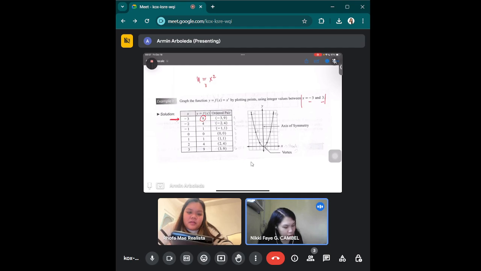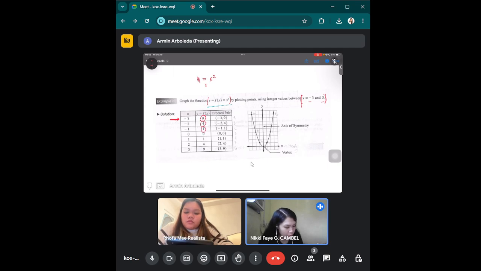So, yung example 1 is just asking us to graph the function. So, the function is this one, y is equal to x squared. And we have to plot it between the values of x, -3 and 3. Okay? So, now that we've solved for y using the equation, yan kasi yung hinahanap natin, yung mga y, gamit yung function.